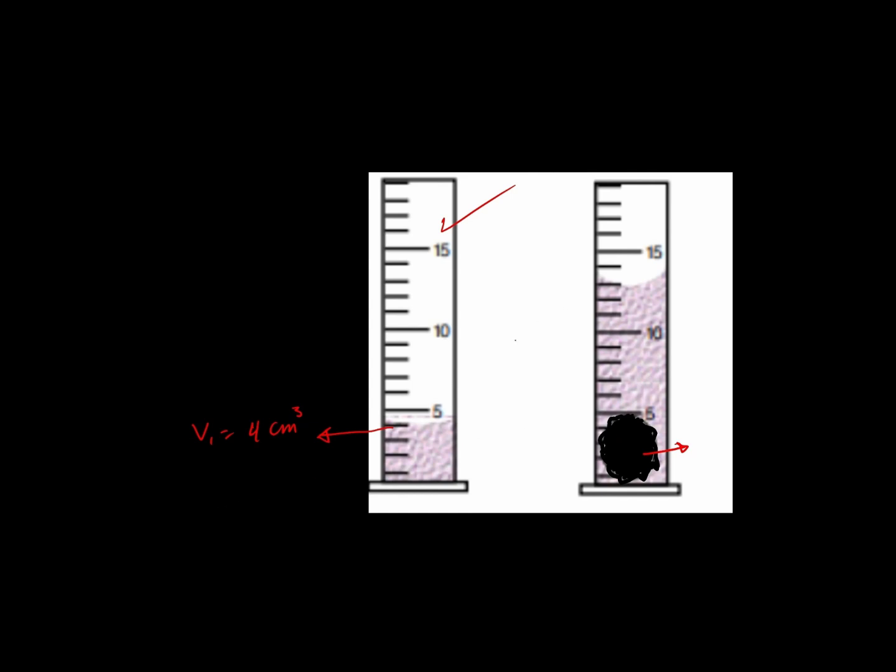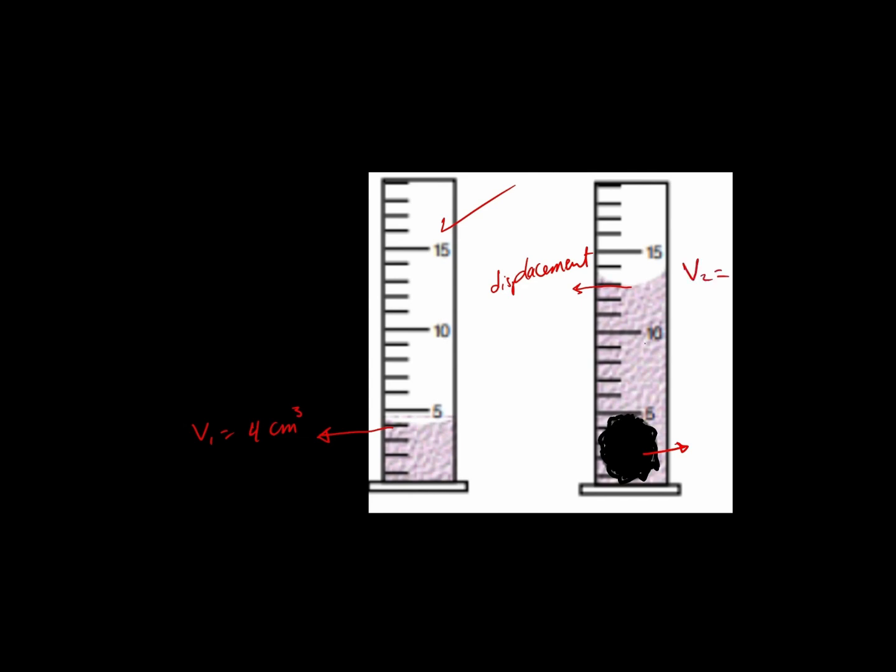What about after adding this one? After immersing this solid in water, the water is displaced up. You have here displacement of the liquid, of water. When we put this here, the liquid is displaced up, so we have a new volume here.